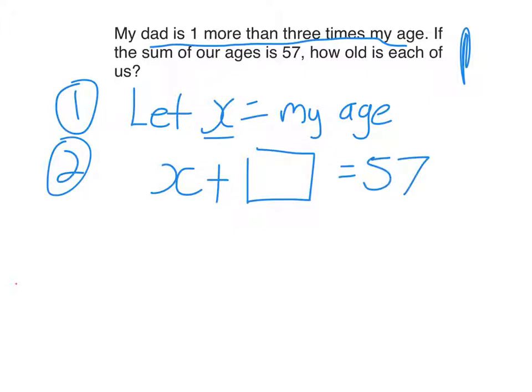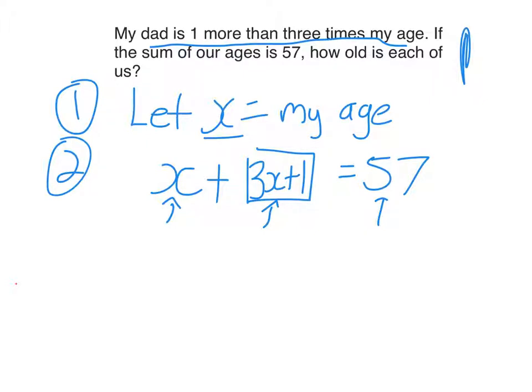If my age is x and my dad is 1 more than 3 times my age, he is 3x plus 1. So my age plus dad's age equals 57. That's how we do it. So we've still only got one variable, one letter in the equation, which is good.